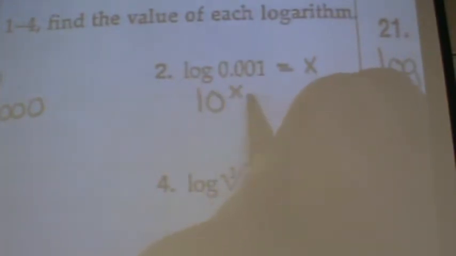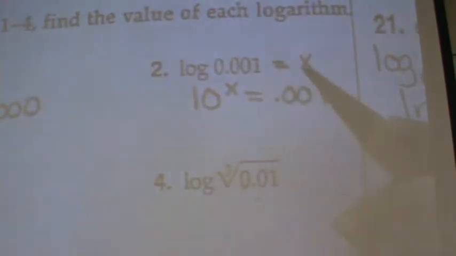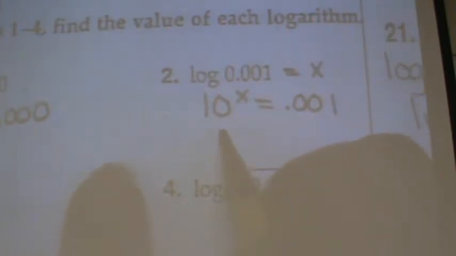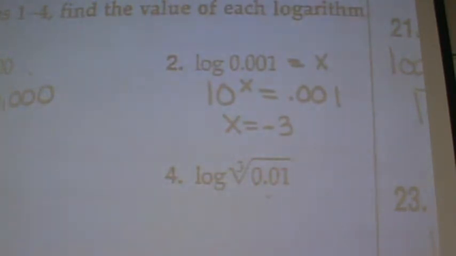So let's look at this, equals what? 10 to what power is equal to 0.001? -3, you got it. If you put a -3 here, that would be moving the decimal over 3 places, so it's -3. Good job.